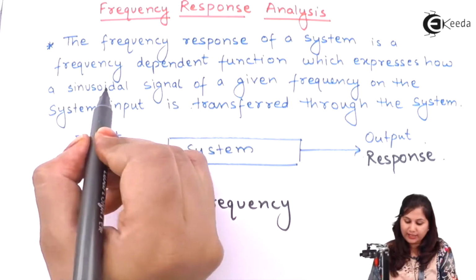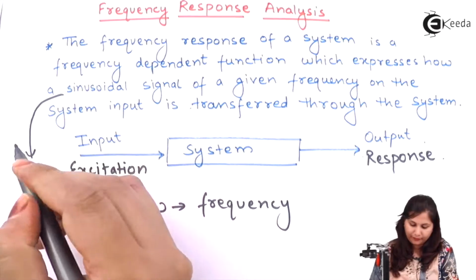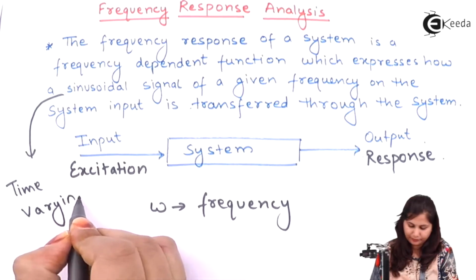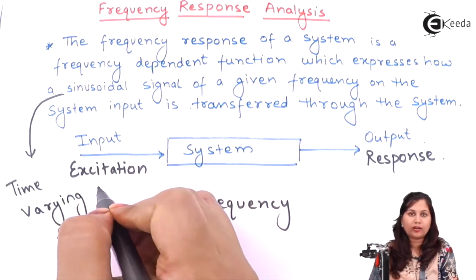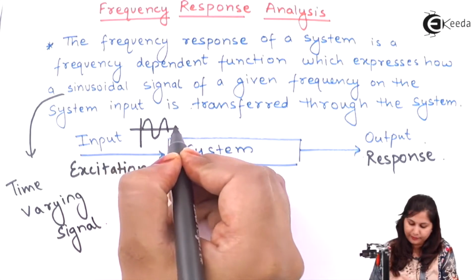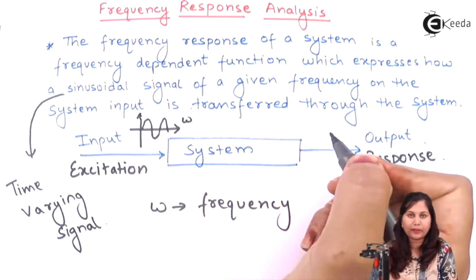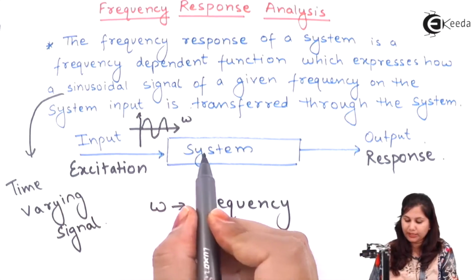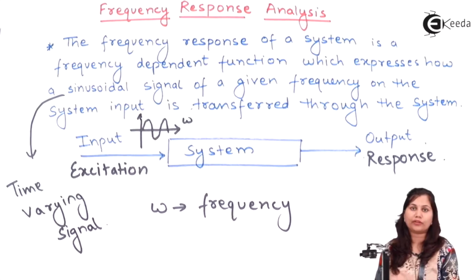So this frequency response will be a frequency dependent function, and it expresses how a sinusoidal signal, which is a time varying signal, is transferred. So this input, or the excitation, is a sinusoidal signal of a given frequency, let us suppose omega, given as a system input, and how it is transferred through the system is known as the frequency response of a system.